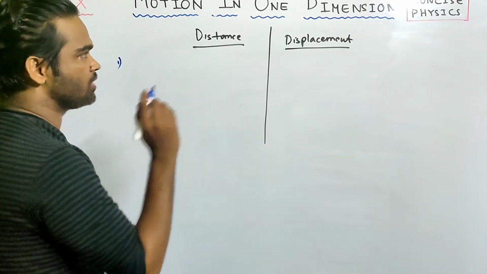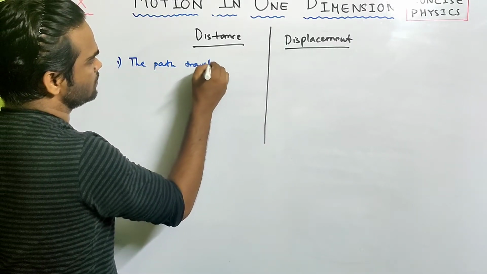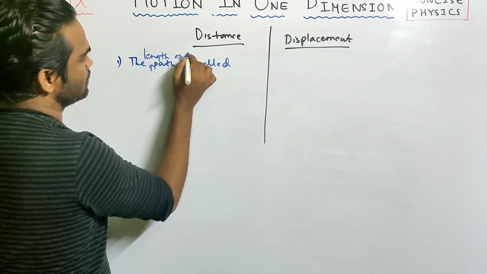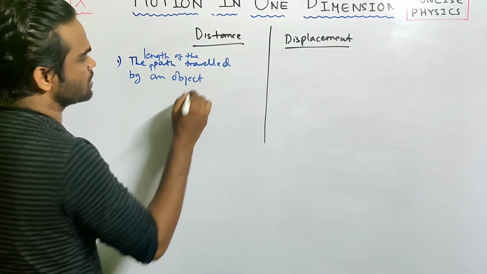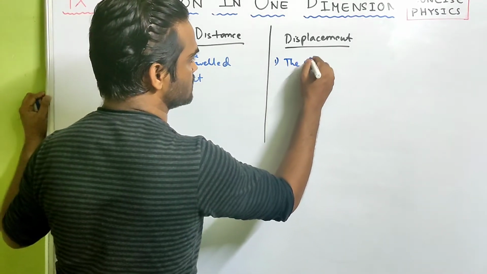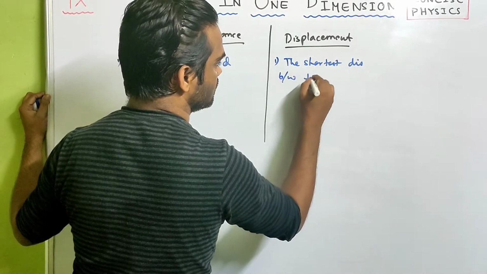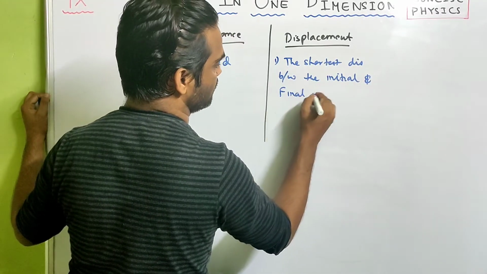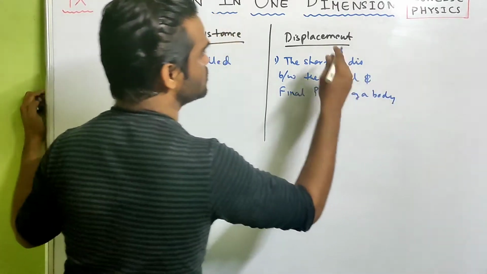Distance. When I talk about distance, I mean the path traveled, the length of the path traveled by an object is known as the distance covered by that object. But when you talk about displacement, the shortest distance between the initial and final position of a body is known as displacement.